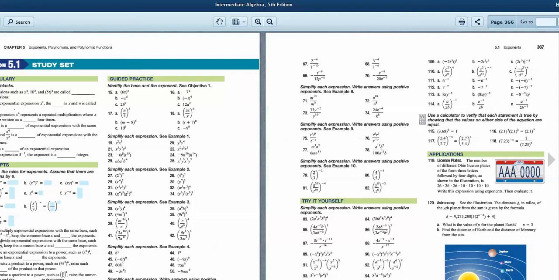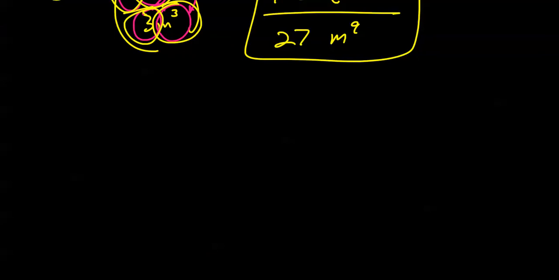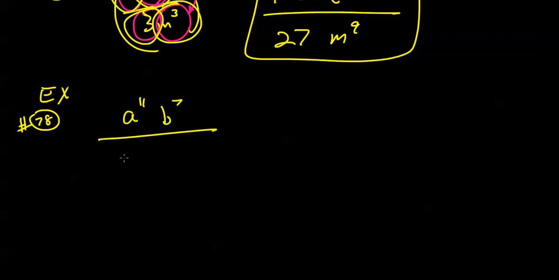All right, let me go back to my tablet screen. I want to simplify this. Again, this was number 76, or was it number 78 in our textbook: a to the 11th, b to the 7th over 100, a to the 15th times b.